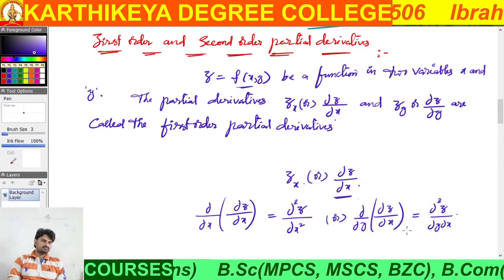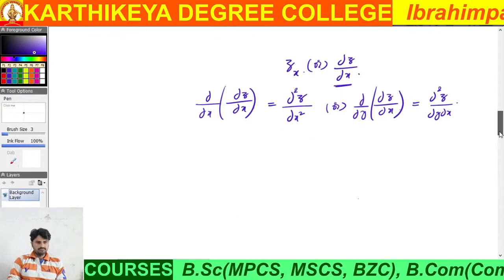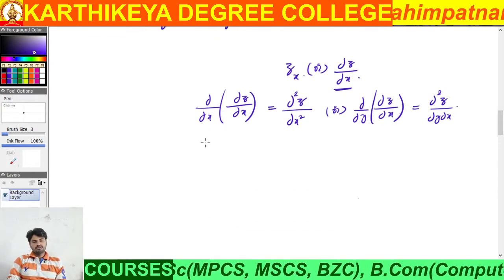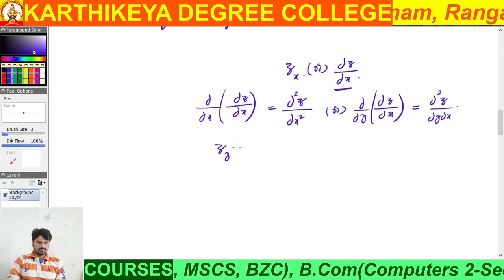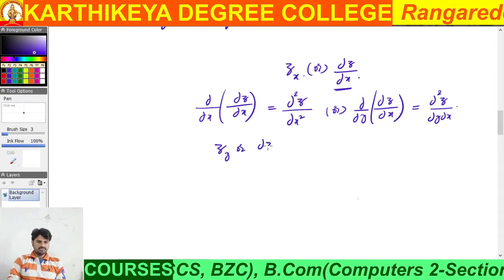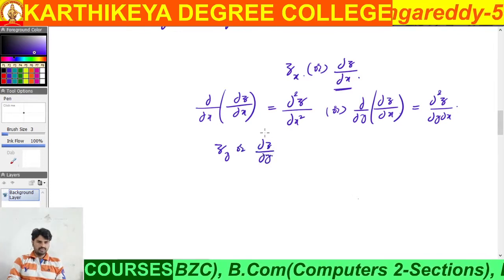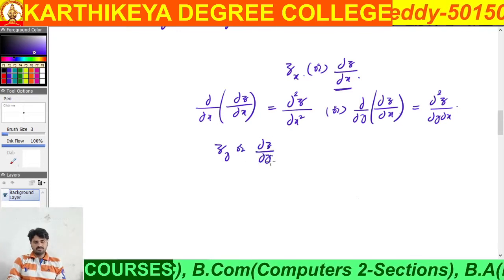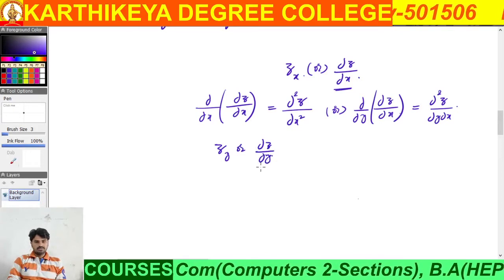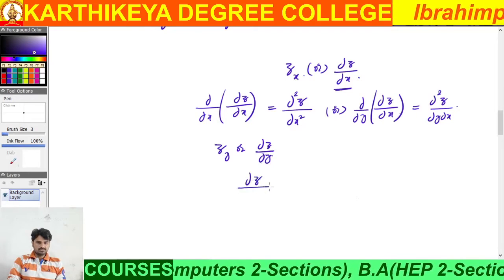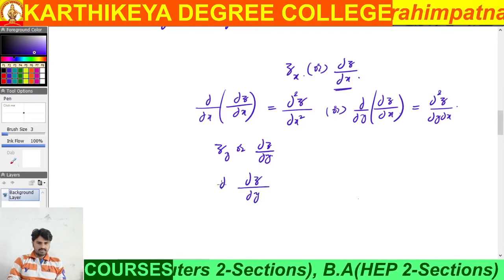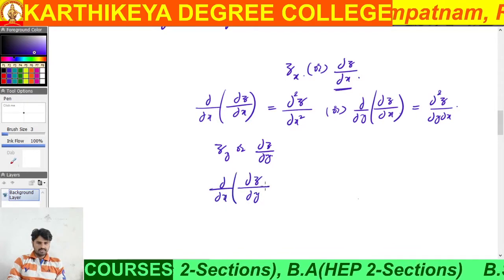Okay, one more thing, if you want to differentiate z with respect to y, it will be z at y, or this can be written as dou z by dou y. This is the one time derivative with respect to y. Suppose you want to differentiate this function with respect to x, that means you have to take dou by dou x.